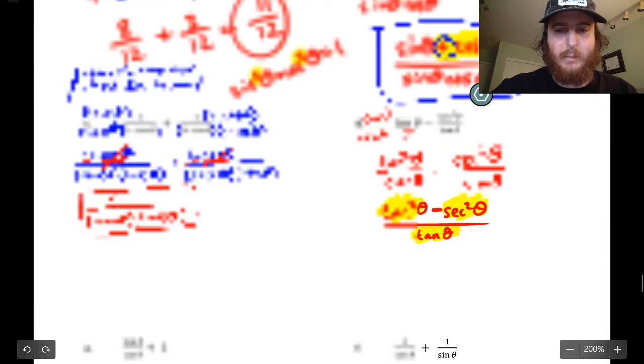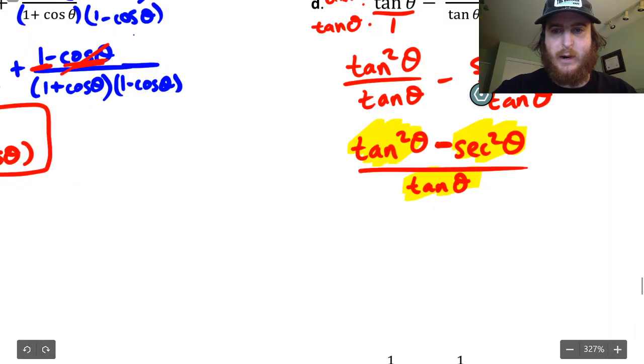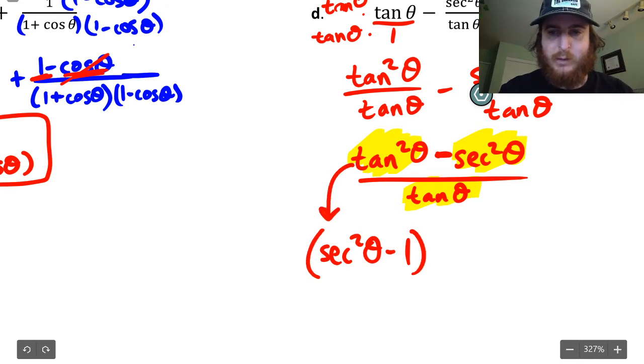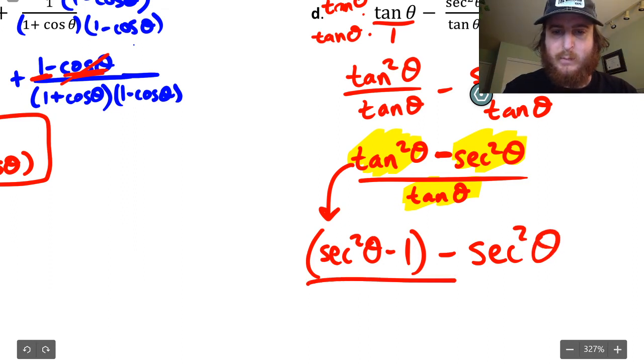Coming back down here, instead of writing tangent squared theta, this first term, we're going to write secant squared theta minus 1. I'm going to put it in parentheses just because I'm replacing it. Whenever I replace things, I like to add parentheses just to make sure I'm not missing any positive or negative signs.